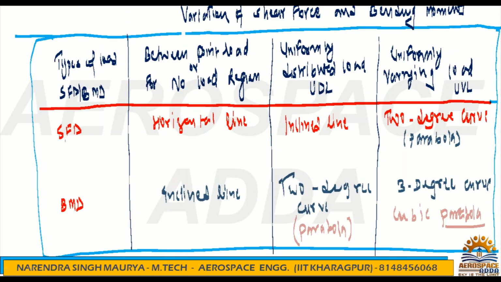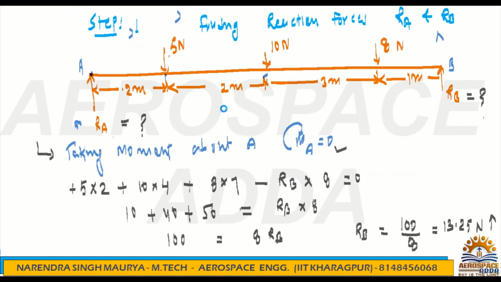So SFD you are going to draw. First you are focusing on the shear force diagram. Between point loads, or in a no-load region, two things you need to remember. What will be the line? That line will be a horizontal line. The line will be a horizontal line when there is no load. But here if you check, we have a load at point Ra.